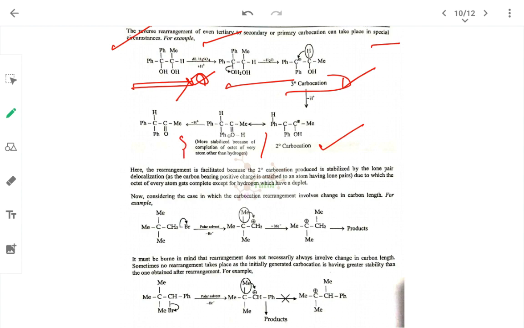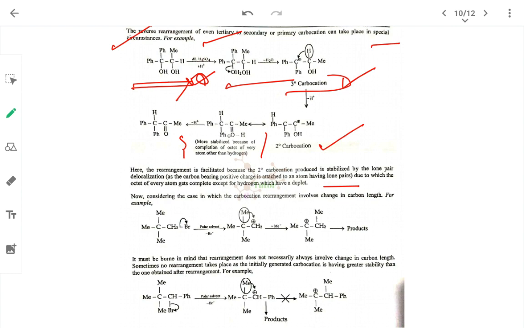Here, the rearrangement is facilitated because the 2 degree carbocation produced is stabilized by lone pair delocalization, as the carbon bearing positive charge is attached to an atom having a lone pair, due to which the octet of every atom gets complete except the hydrogen, which has a duplet state.